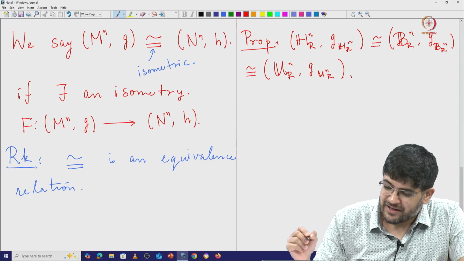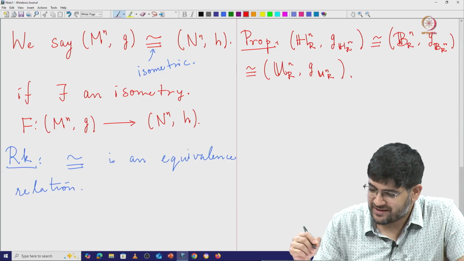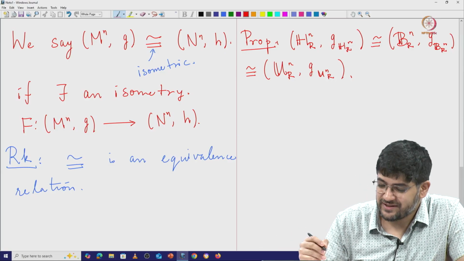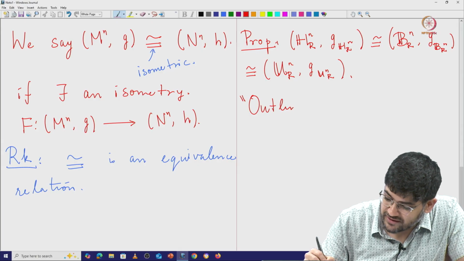Okay. So the proof, it turns out, is quite tedious. The calculations are quite tedious, even in dimension 2 for instance. So what I am going to do instead is just outline the proof.